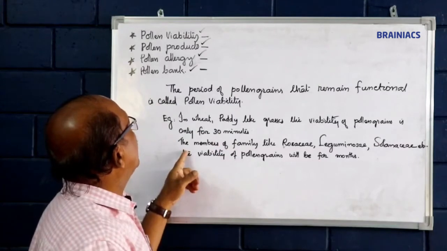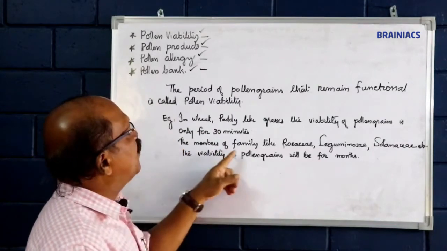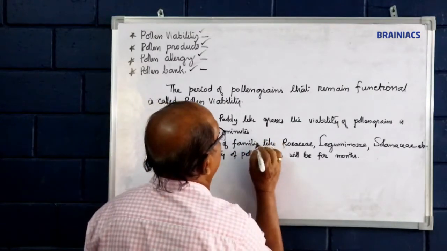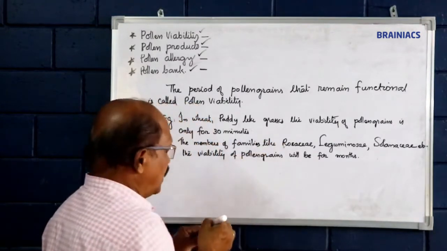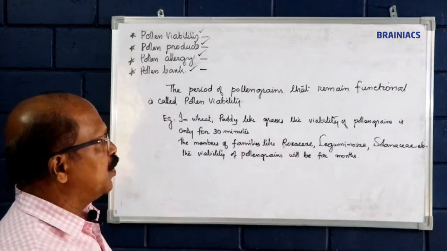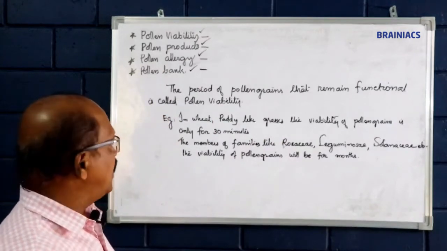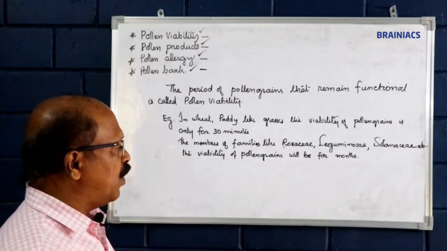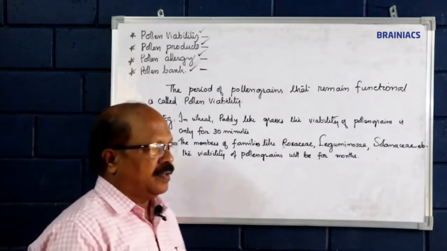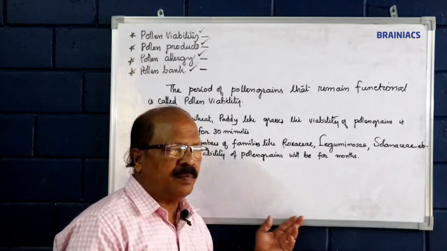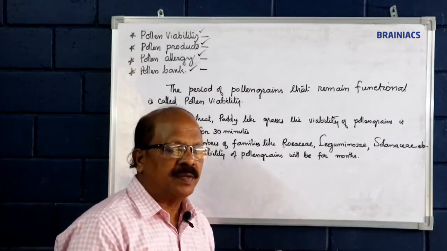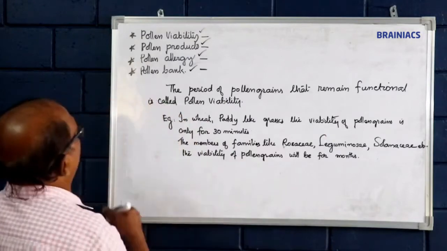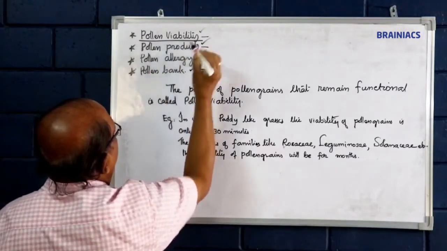And the second example, the members of families like Rosaceae, Leguminosae, Solanaceae, the viability of pollen grains will be 1 or 2 months. Okay, and that is about pollen viability.